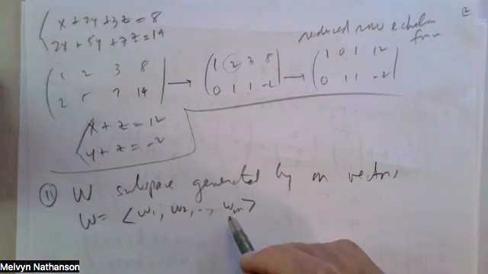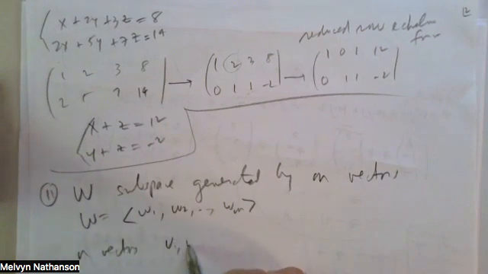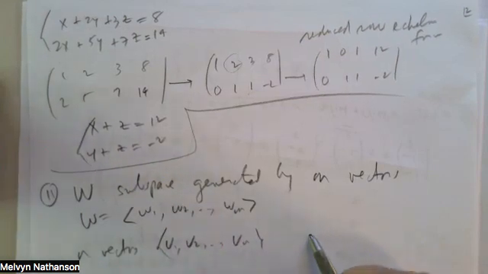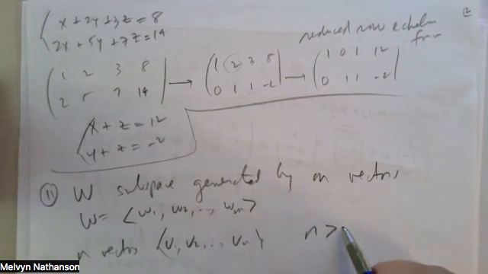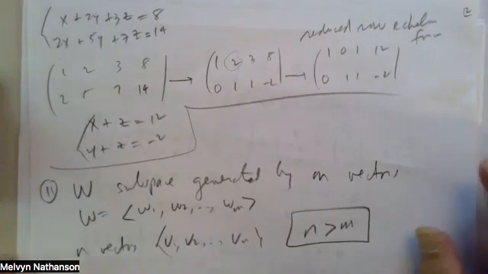And I take a sequence of n vectors. So I have n vectors in a sequence, v1, v2, up to v sub n. And we're told that the number of vectors n is bigger than the number of generators m. So this inequality is essential.